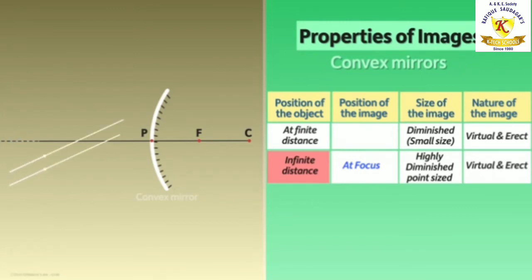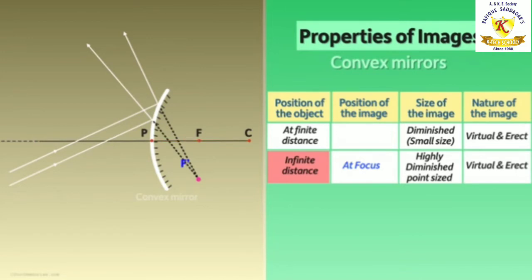Now if the parallel rays are traveling in this direction, the image is still formed at a single point which is different from the principal focus. We call this point a focus, as it does not lie on the principal axis.